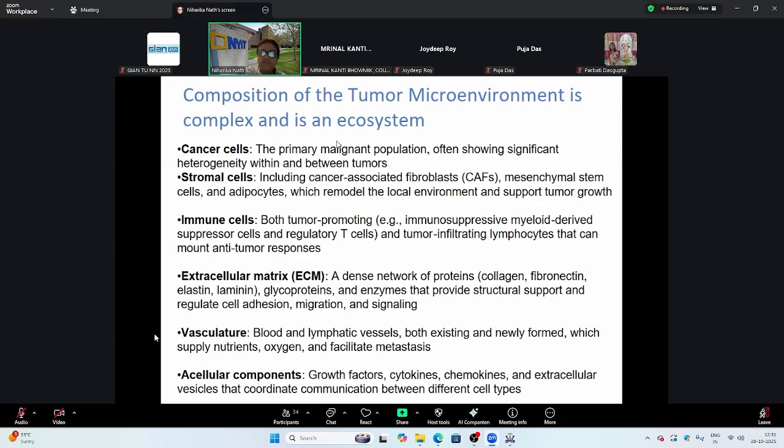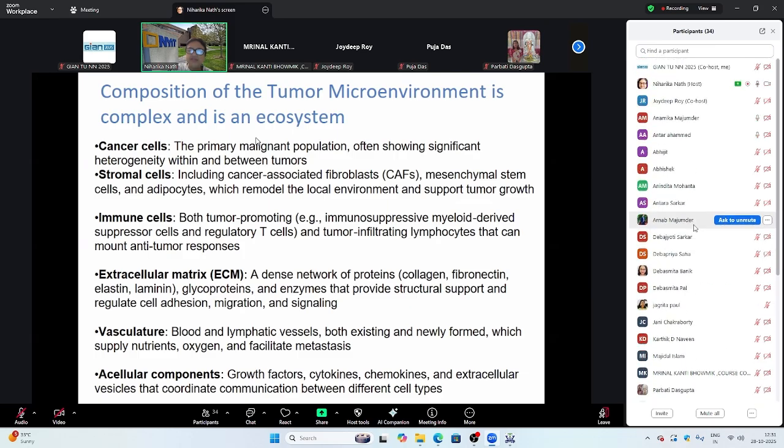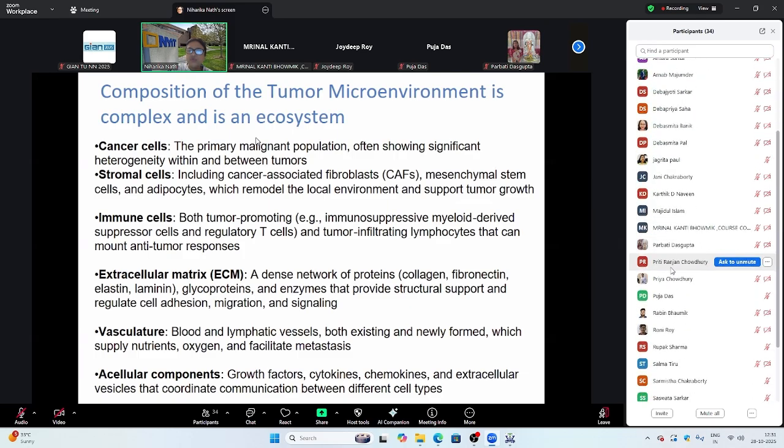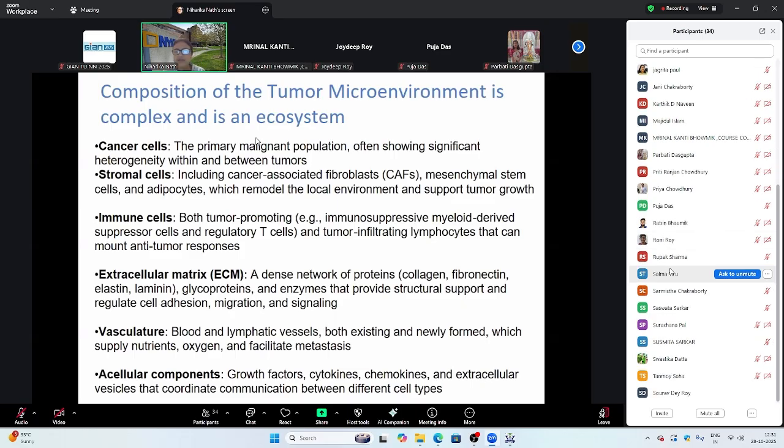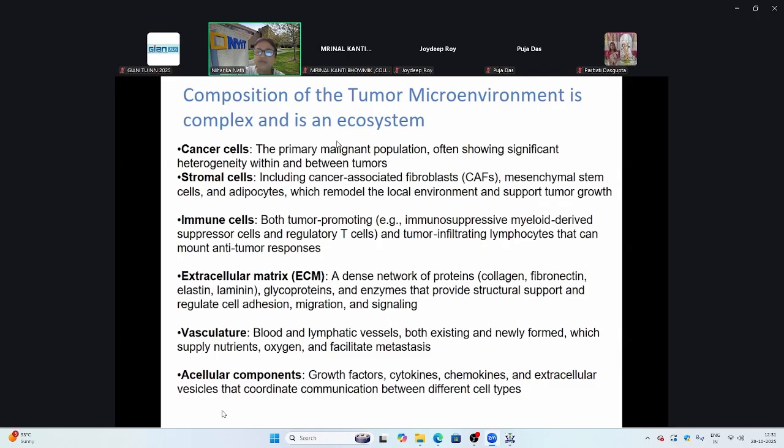So what is a fibroblast-like phenotype? This is a cancer cell. It can become like a mesenchymal cell, and it can look like this. What's the advantage of looking like a fibroblast? It can try to sneak through the blood vessel. It can migrate, go inside the blood vessel, and come out.